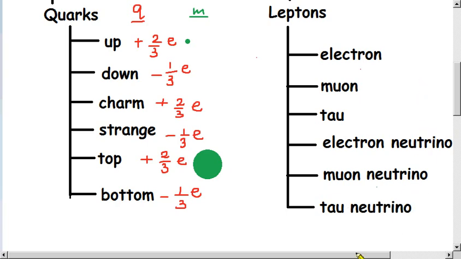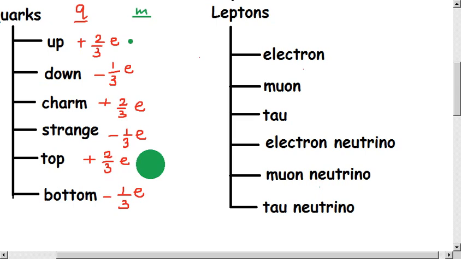The charges of these leptons: electron has a charge of negative 1 times E. We know there are electrons in the nucleus, because in the lessons on radiation and radioactivity you learn about beta minus and beta plus.